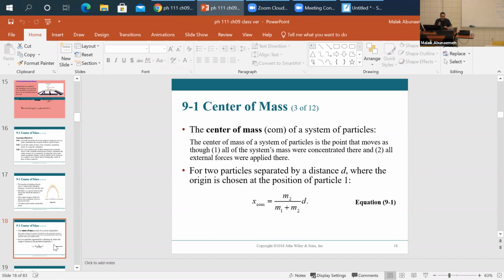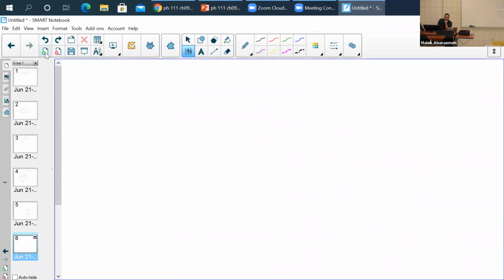Now, for two particles separated by a distance d, your center of mass is going to be m2 d divided by m1 plus m2. So let me go ahead and do this one. Center of mass, and again, we go with COM.